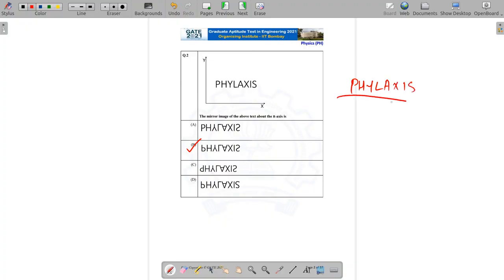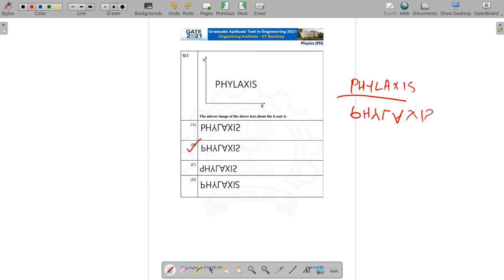So if you put a mirror here, S is a little tricky.